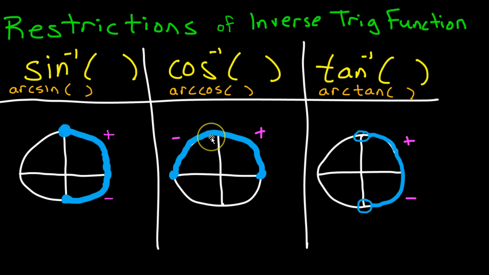All right, so overall we have these restrictions on the other inverse trig functions. So cosine, inverse cosine or arccosine is only defined basically for the top half of the unit circle. And let's go ahead and write this in here. So for sine, it was defined for the right side of the unit circle, but hopefully you can see that that goes from negative pi over 2 to positive pi over 2 at the top.